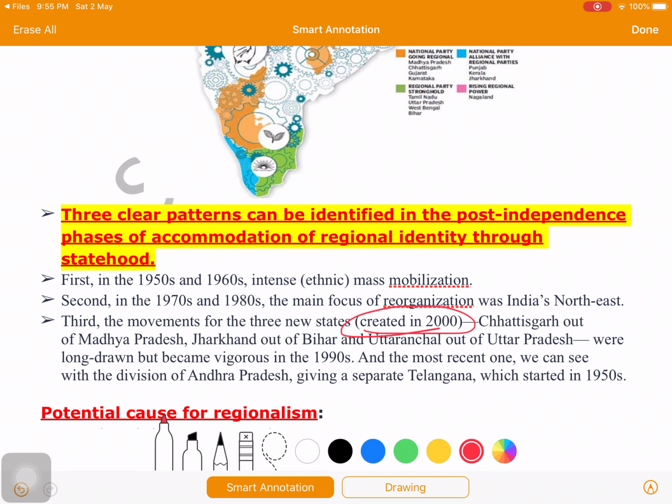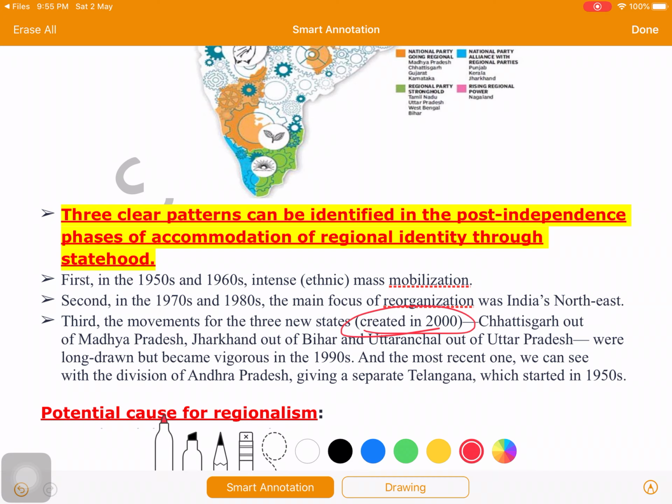And the most recent one we can also observe in the division of Andhra Pradesh, giving a separate Telangana, which started in the 1950s and finally succeeded in the year 2014 by the Andhra Pradesh Reorganization Act.